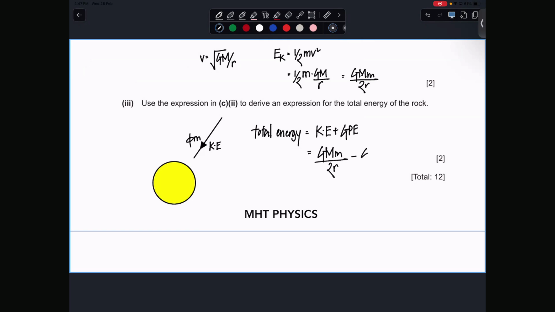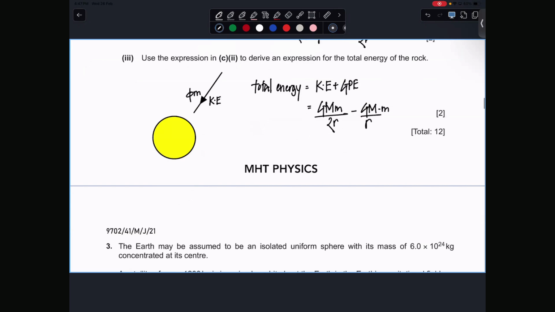Phi is GM by r into m. So if we do this, we get GMm by 2r minus GMm by r, which is basically minus half of it, right? Minus GMm by r. Do you understand this, okay?